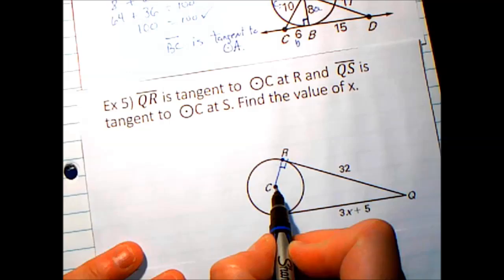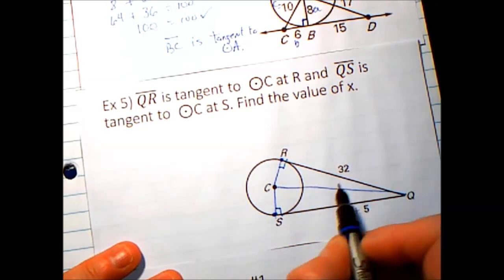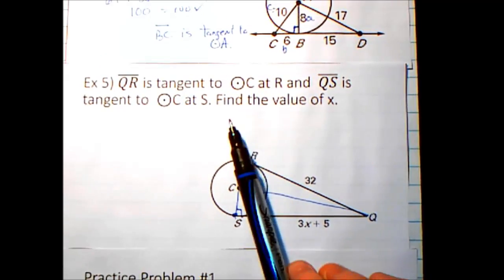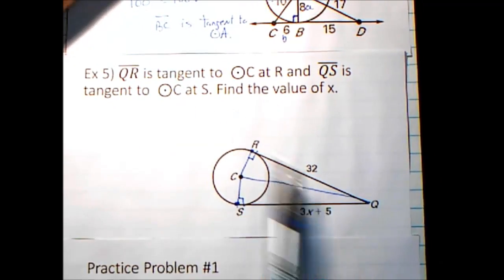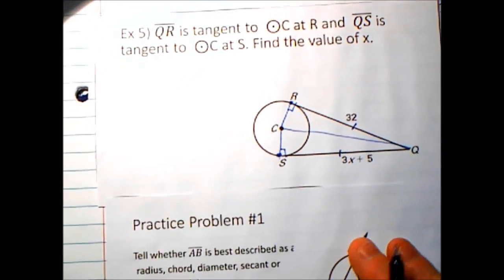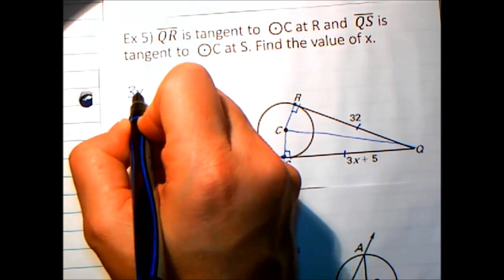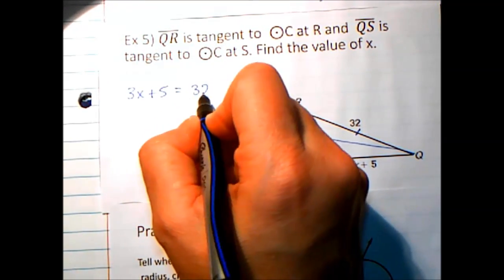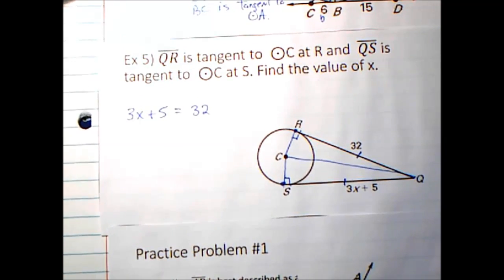Now, it says we want to find the value of x. If I know that these two are tangent, that means both of these are congruent to each other, and I can solve this by setting them equal to each other. So I'm going to put 3x plus 5 equal to 32, and I want to solve this algebraically.